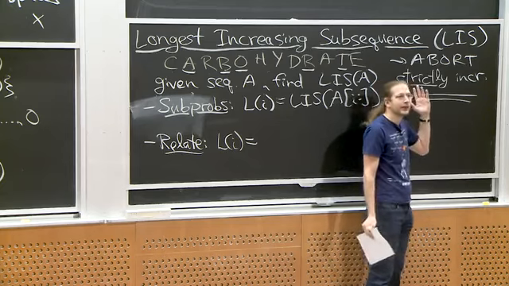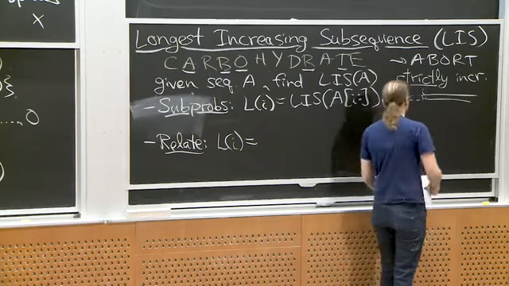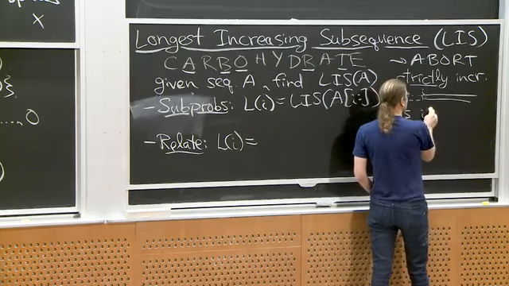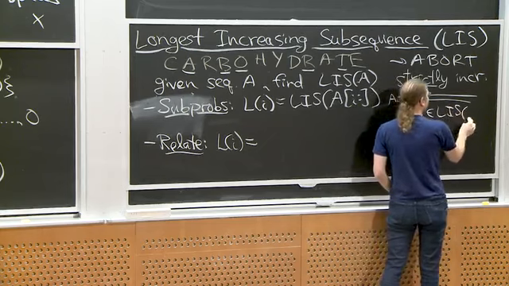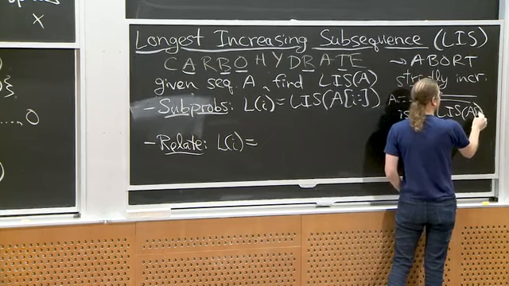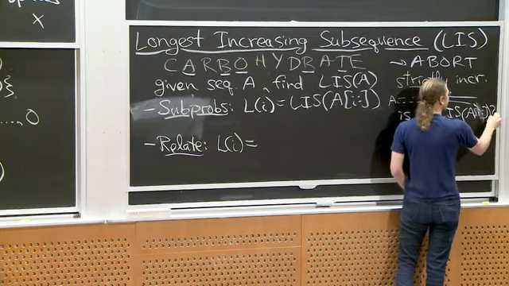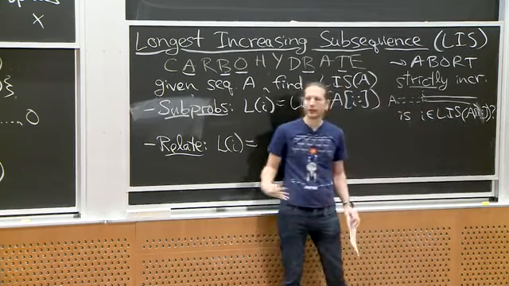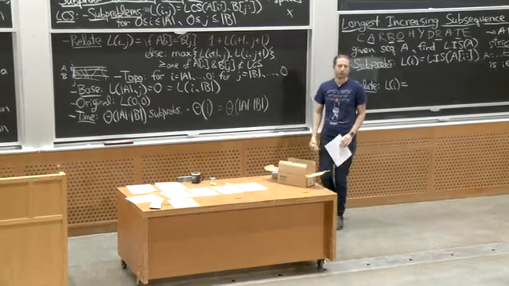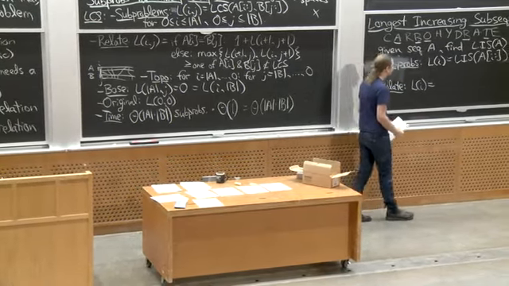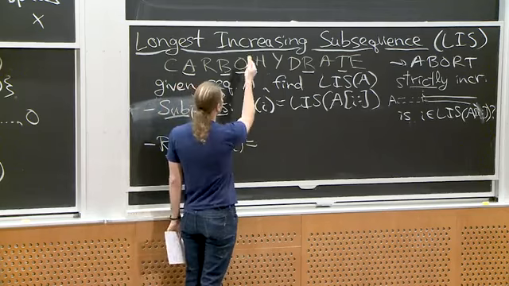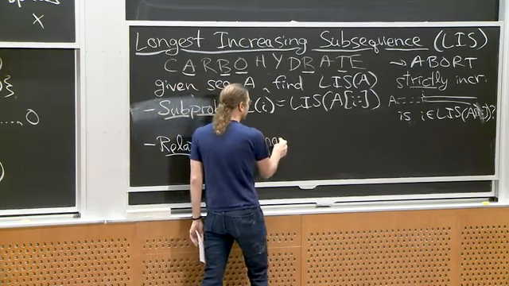So the question I would like to answer is: is i in the longest increasing subsequence of A from i onwards? This is a binary question. There are two options, just like before. And so I can brute force those two options. And then I want the longest one, so I'm going to take the max.